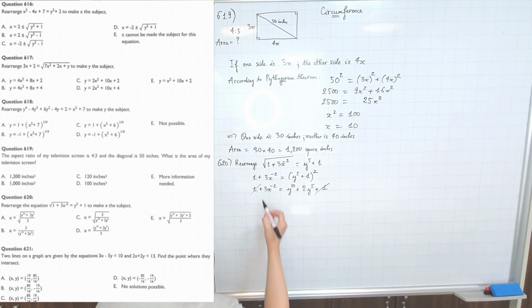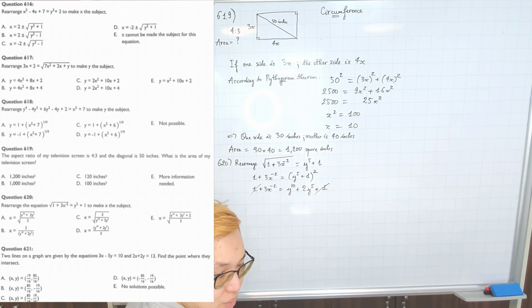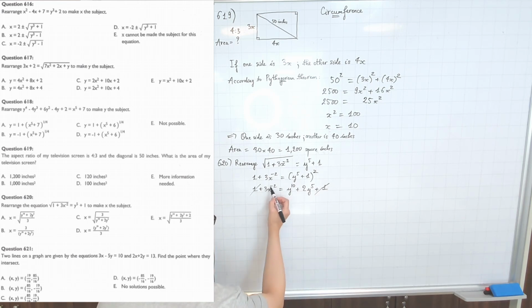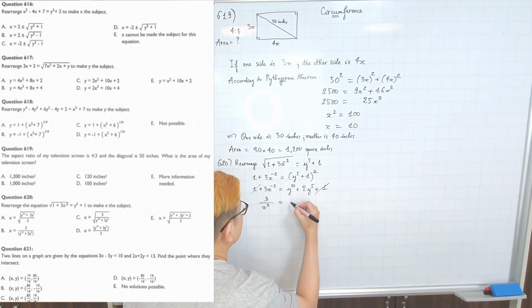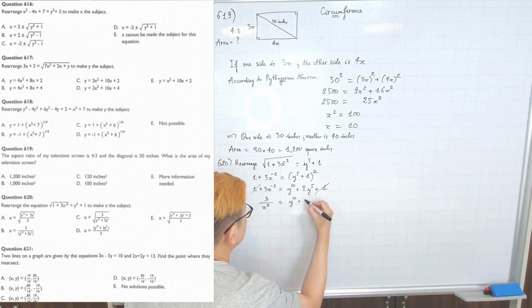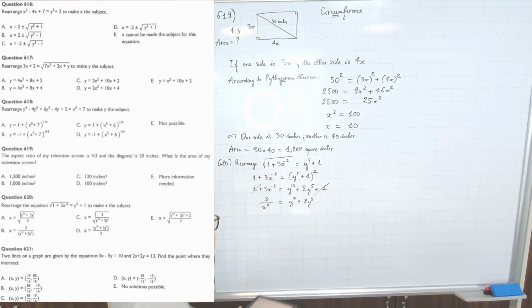What does it mean when it's to the power of minus 2? Mẫu trừ tức là 1 trên nó. So to the power of minus something means that you're going to have 1 over something, right? So it's going to be 1 over x squared equal to y^10 plus 2y^5.